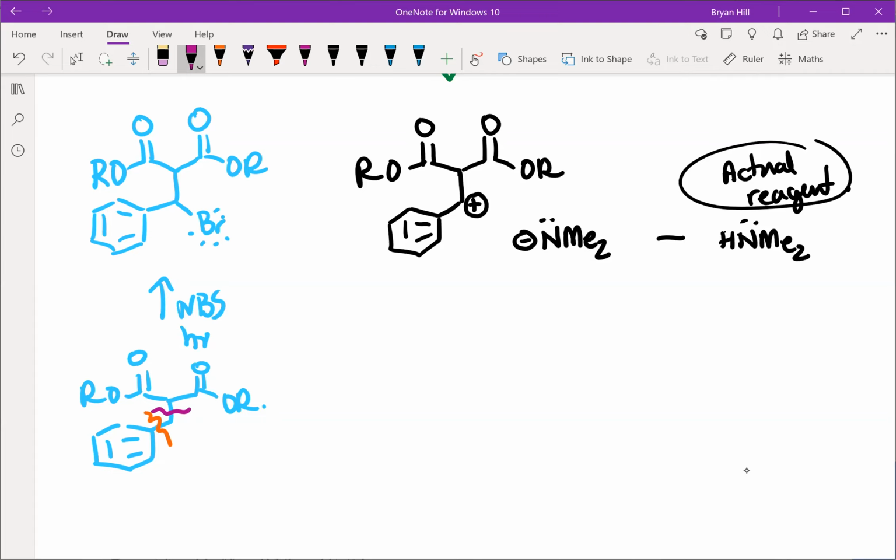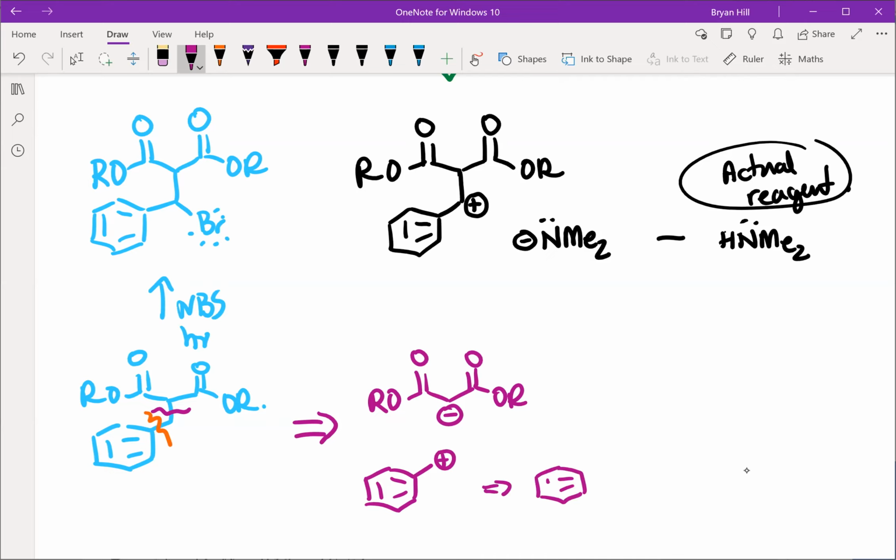Okay, purple. Good. So there we would basically have our malonate. So this would be the nucleophile, OR, negative, and benzyl plus. So our reagent could be benzyl bromide, and our malonate would just be the diethyl malonate, for example.